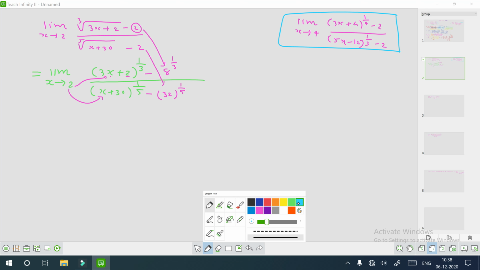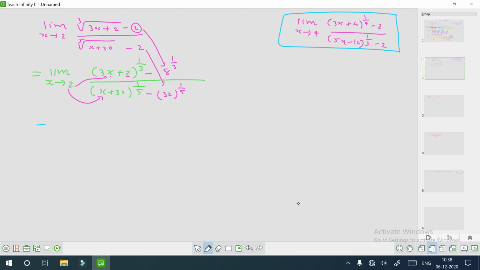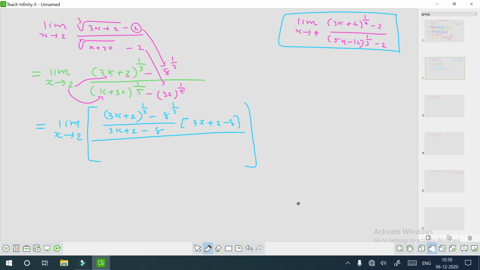Clear? We have to arrange the numerator as well as the denominator quantity for this sum. Now see here, next step. Limit x tends to 2, all of you please see here, variable raised to n minus constant raised to n, over, we need variable minus constant, it is not there, so multiply and divide by variable minus constant. This one is for the numerator.